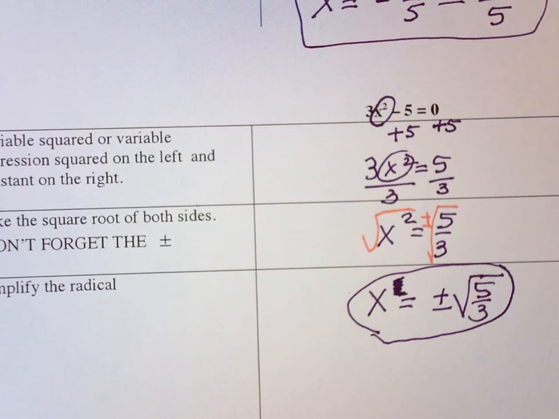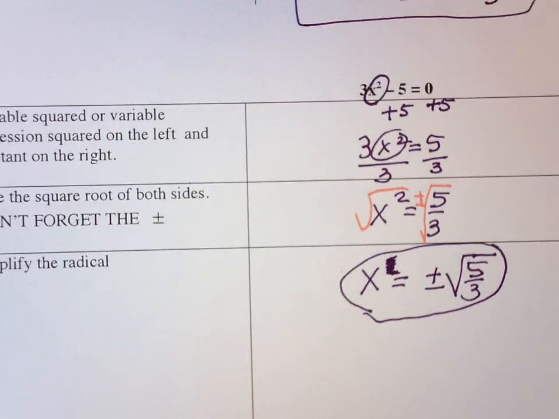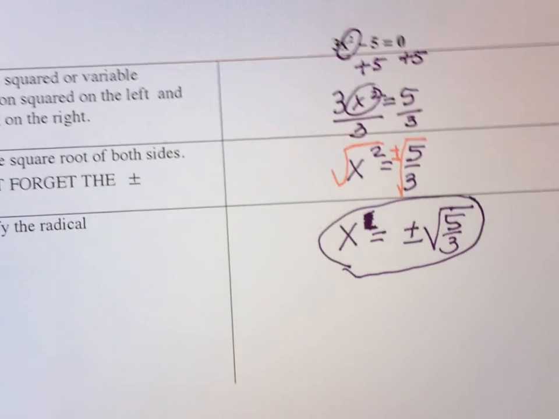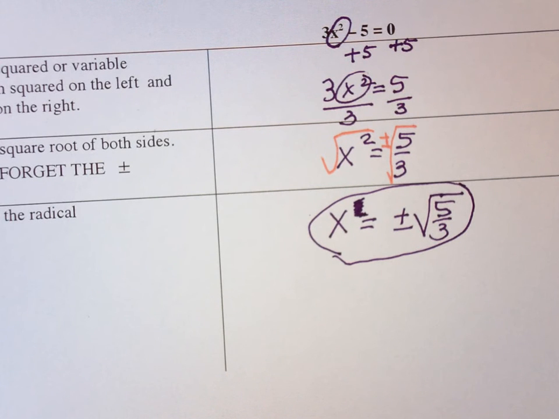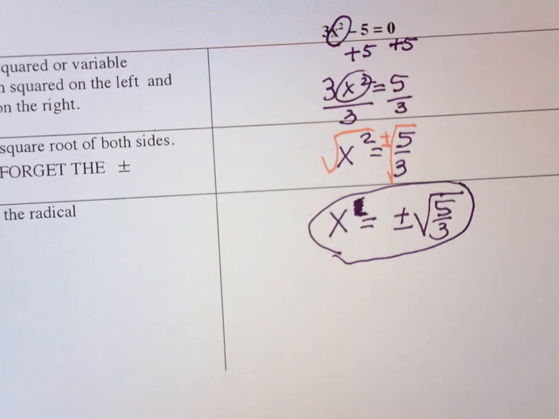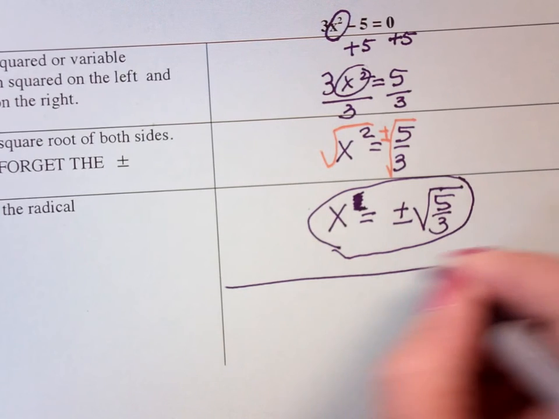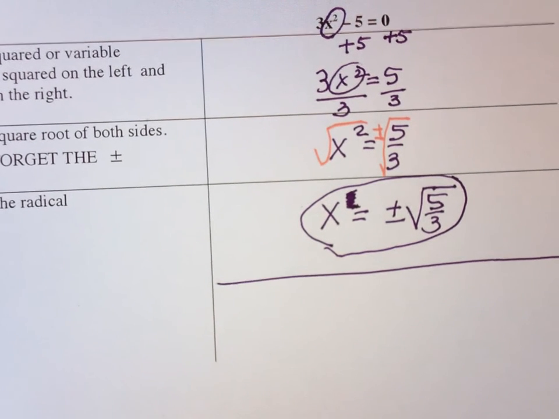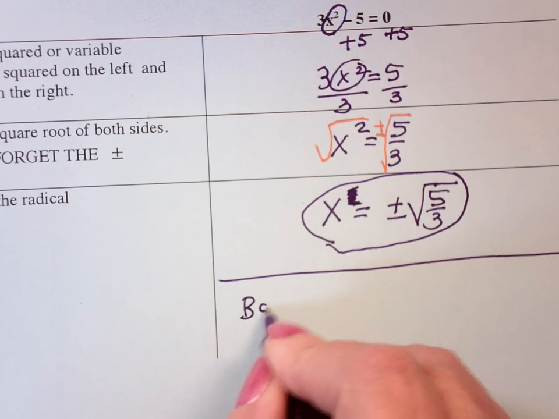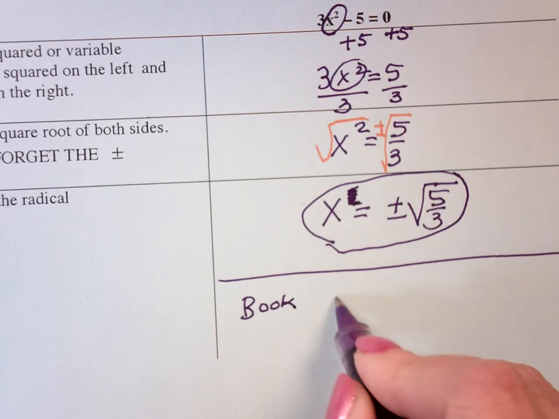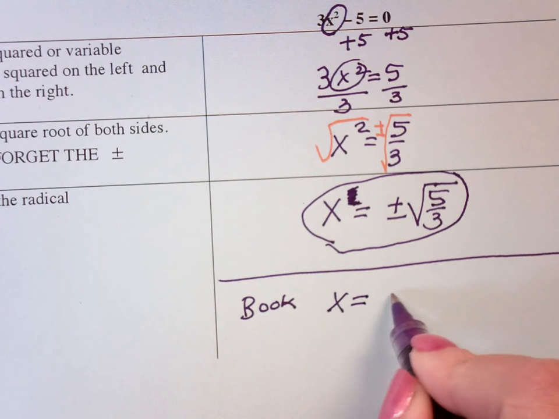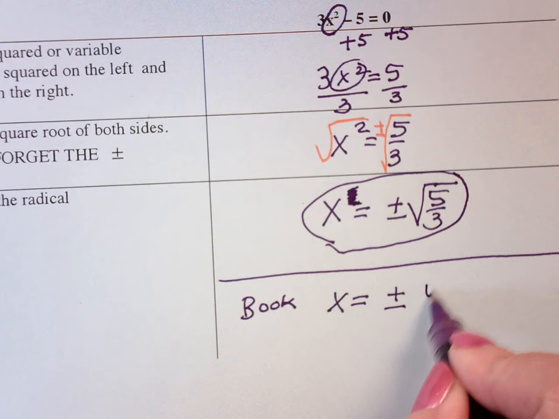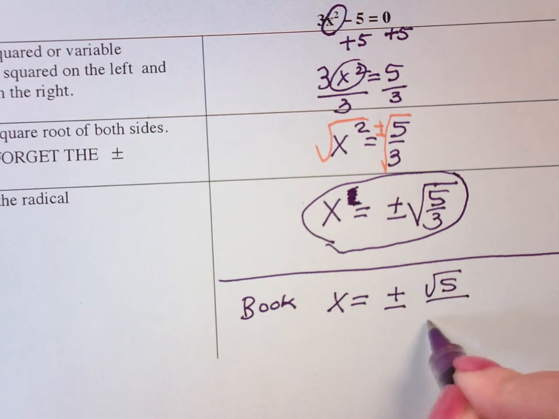But your book doesn't like that answer, because one of the things it says to do is to rationalize the denominator. So if I'm going to go your book's route, I'm going to have to take x, rewrite it as plus or minus the square root of 5 divided by the square root of 3.